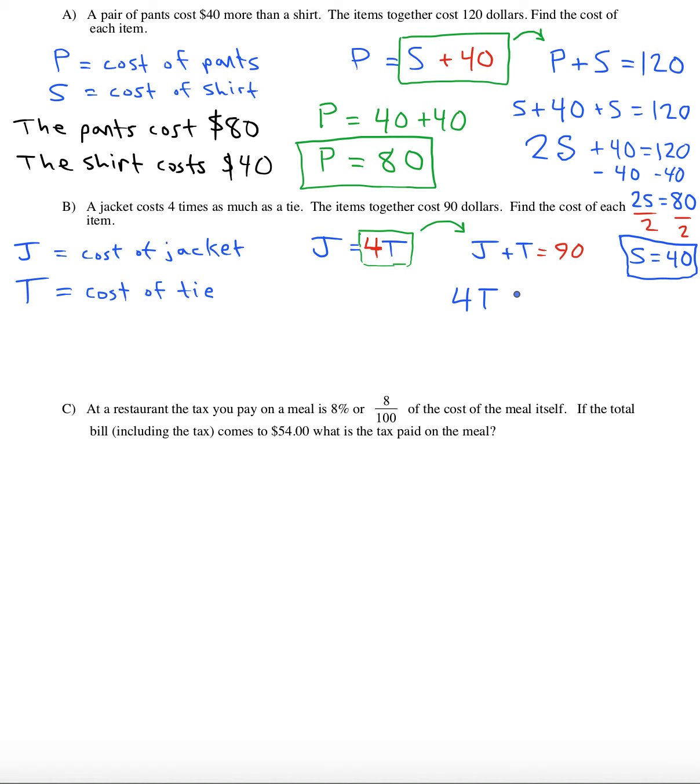But the critical thing is to remember to bring down all the rest of the terms, even the t. Sometimes people forget the t. So, by adding like terms, if you've got 4 apples plus 1 apple, how many apples do you have? 5 apples. Now we'll just divide. T is 18.